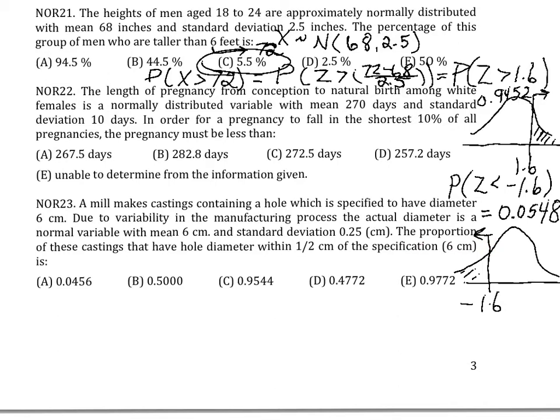Given the information that the diameter of a casting is normal with a mean of 6 and a standard deviation of 1/4, 0.25 centimeters, the proportion that these castings are within 1/2 centimeter of the specification of 6 centimeters is, so what they're asking you to do is go between 5.5 and 6.5.